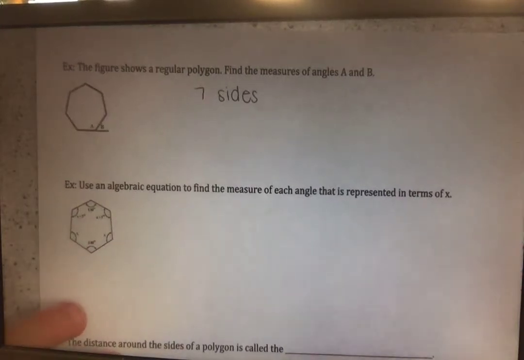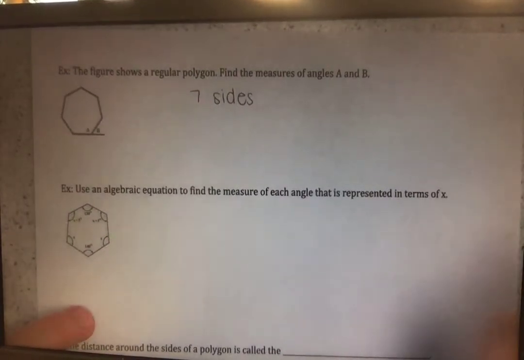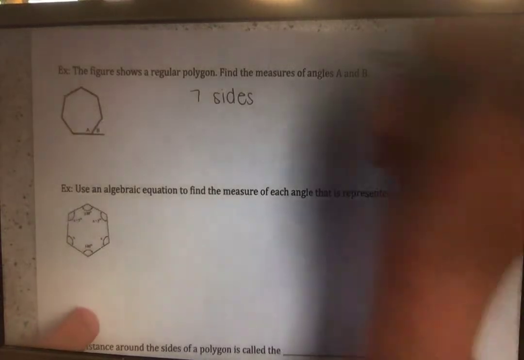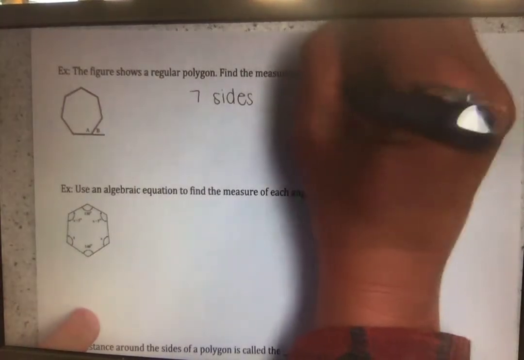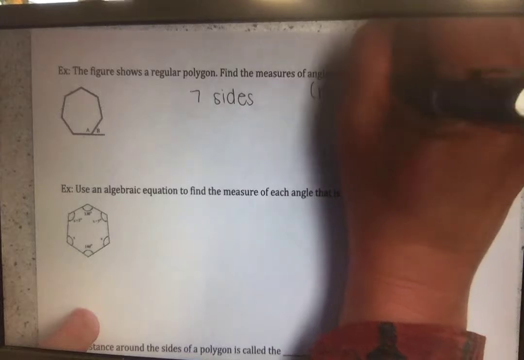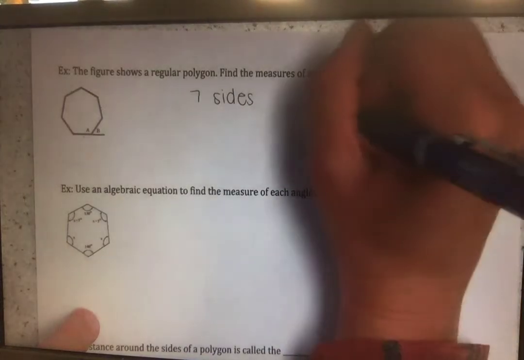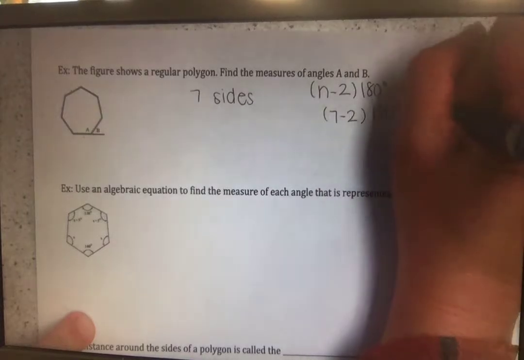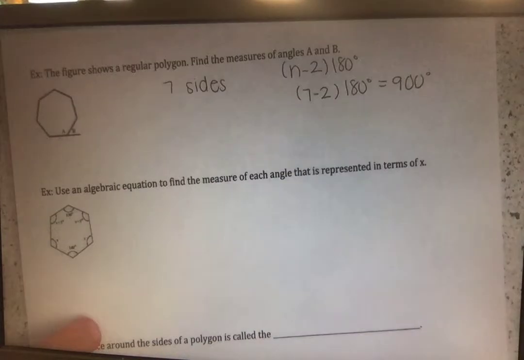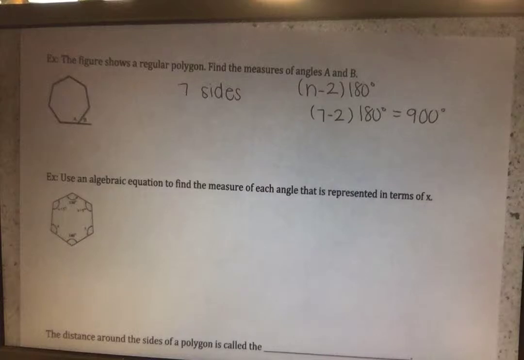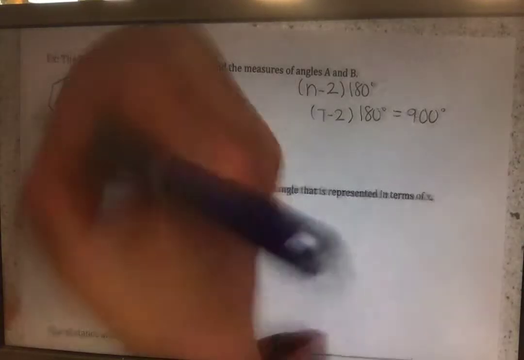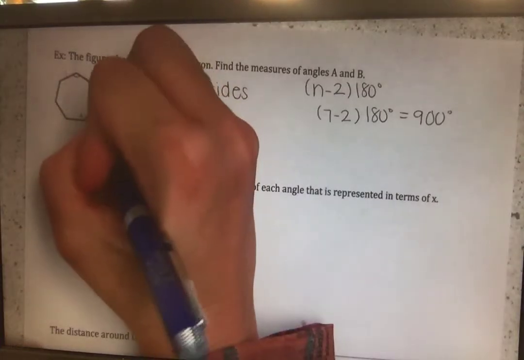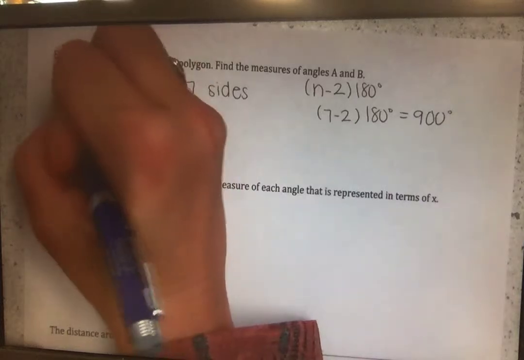Based off the previous problem, remember we said it's n minus 2 times 180 for all of the angles. So 7 minus 2 times 180 gave us 900. So we know all angles add up to 900 degrees.